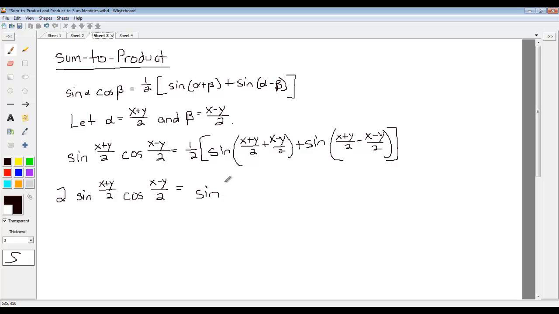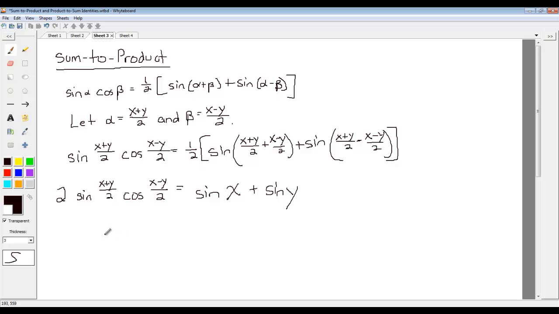We have sine, well, x over 2 plus x over 2 will be 2x over 2, or x. Y over 2 plus negative y over 2 will be 0. So we end up with sine x plus, x minus x will be 0, y minus negative y will be 2y over 2, which would be y, so plus sine y.